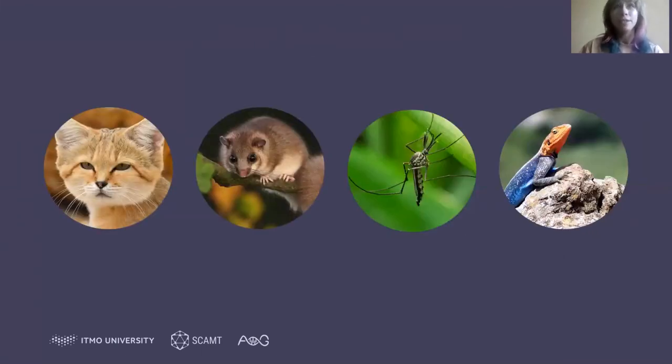We have plans for the future to create genome assemblies of rare species. Among them are some lizards, insects, and animals. During the next month, we will start them.